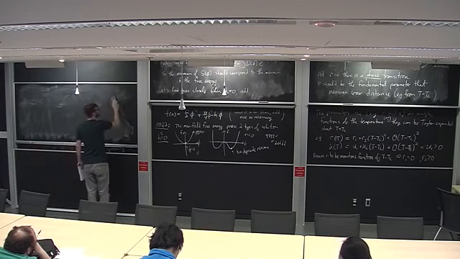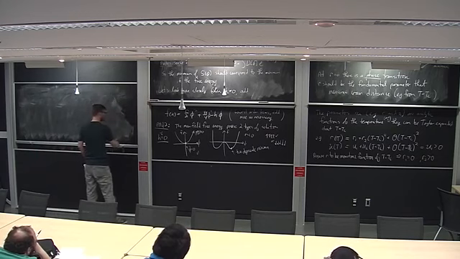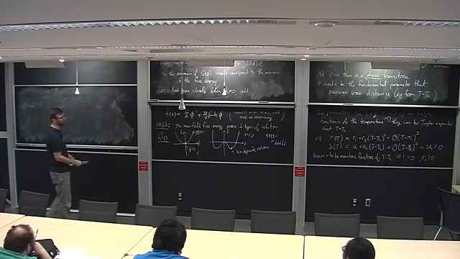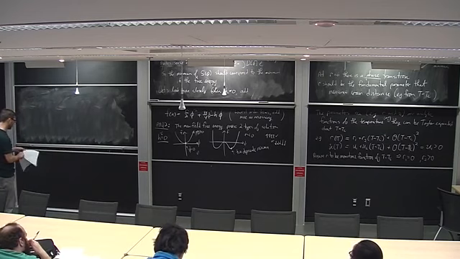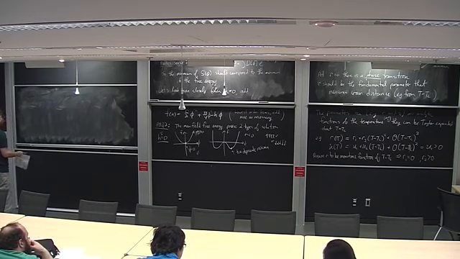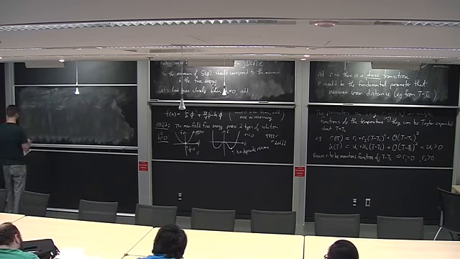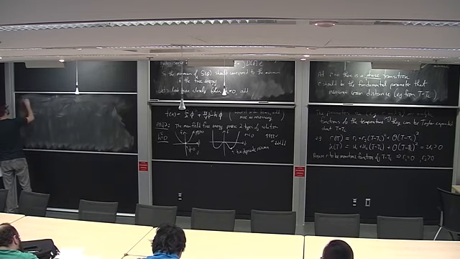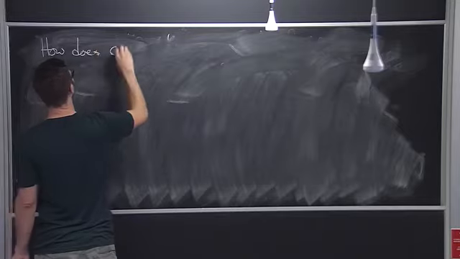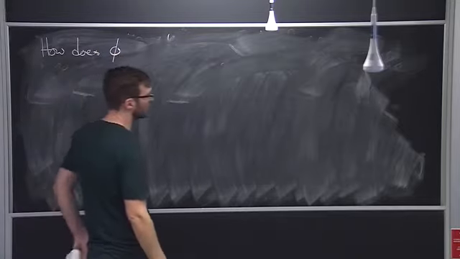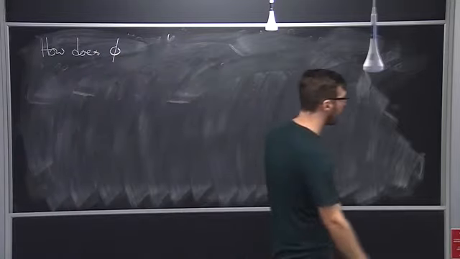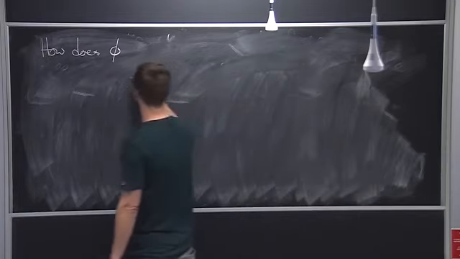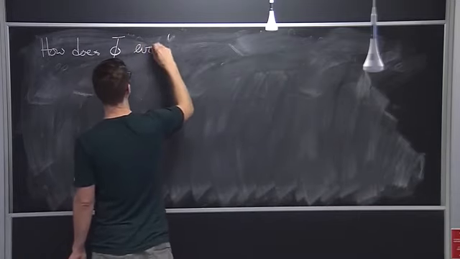So the shape of the free energy as you go through that transition tells you something about what they call the order of the transition. So how does those vacuum expectation values evolve?